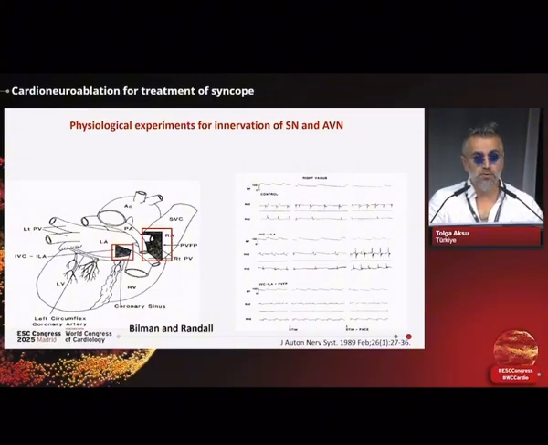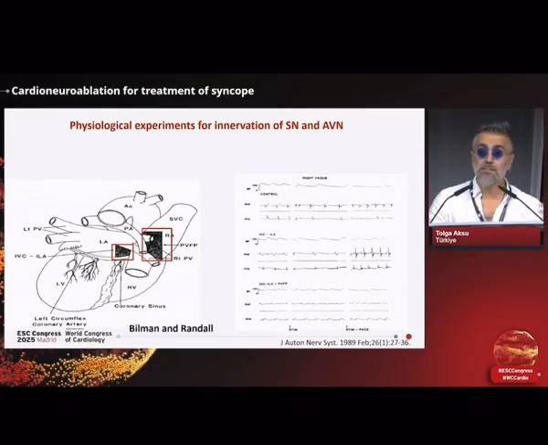But if you surgically remove the inferior vena cava left atrial fat pad around the coronary sinus ostium and then apply vagal stimulation, you can prevent all vagally mediated AV block episodes. So this area should be important for vagal innervation of the AV node. And if you surgically remove the right atrial and right pulmonary vein fat pad between the superior vena cava and the right pulmonary vein, you can also eliminate the vagal effect on the sinus node.